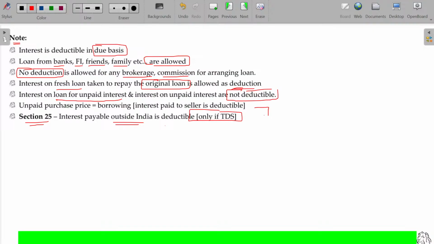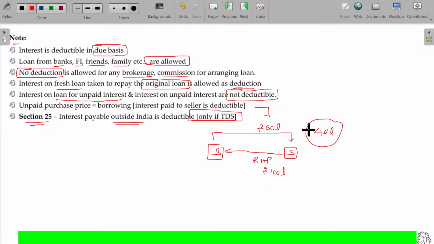Then one more point, buyer and seller. B purchases a residential house property from the seller, the value being 100 lakhs. B has made a payment of rupees 60 lakhs. Balance 40 lakhs remains unpaid.